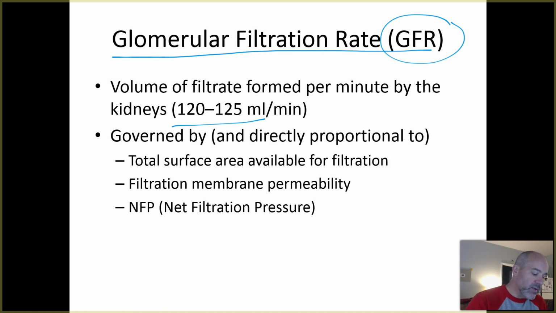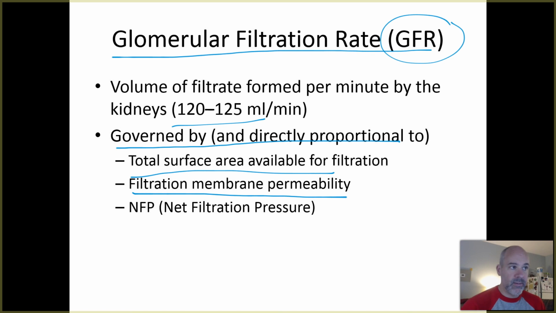The GFR is controlled by 3 different things. One, the total surface area available for filtration. You know, how many functional glomeruli do you have? And also, what is their surface area? Two, the filtration membrane permeability. So is it leaky enough to let fluids and solutes out rapidly? And then three, the net filtration pressure.